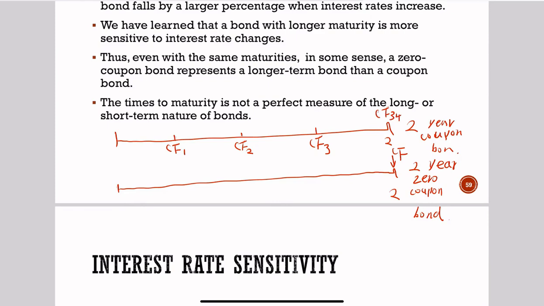Now, if you think about maturity, a more accurate measure is about the maturity of these cash flows, right? So, okay, let me use a different color. So for this cash flow, its maturity is 2 years, right?